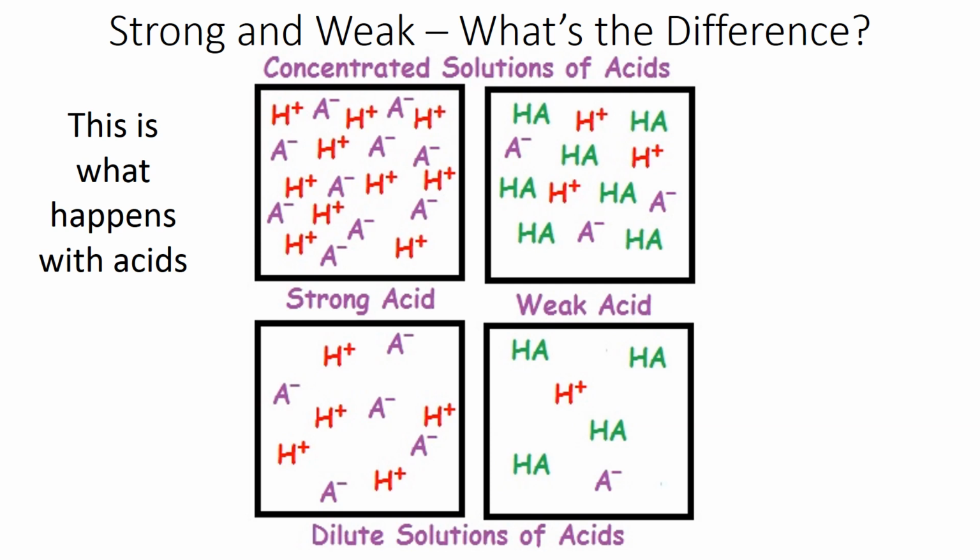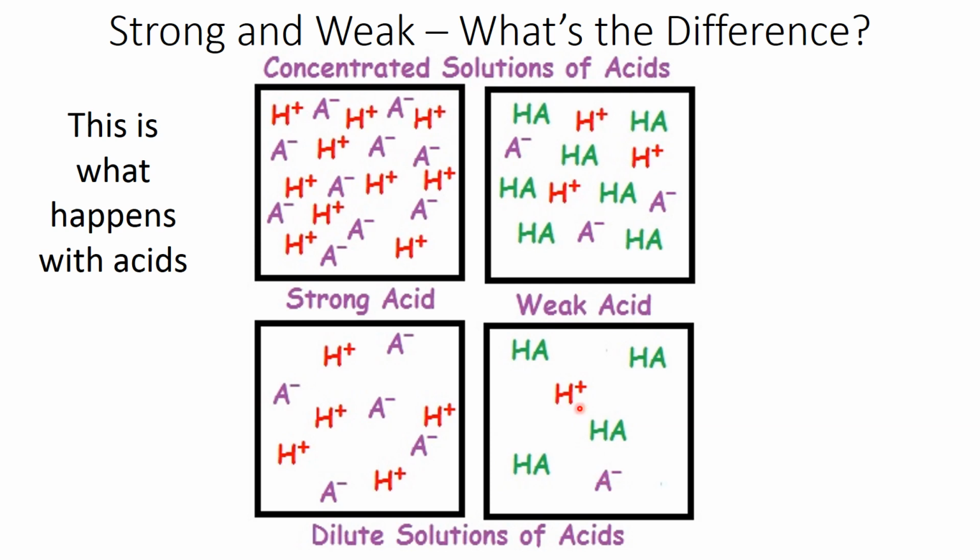So what does this look like with an acid? In this case down here, I have a weak acid that is dilute. There are 5 particles of acid in this box. 4 of the particles of acid, represented by H and A, are not ionized. They're stuck together. Only 1 of the 5 has split into a separate hydrogen ion and a negative anion.